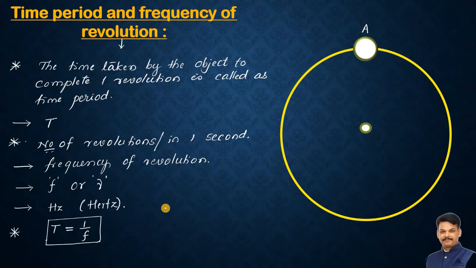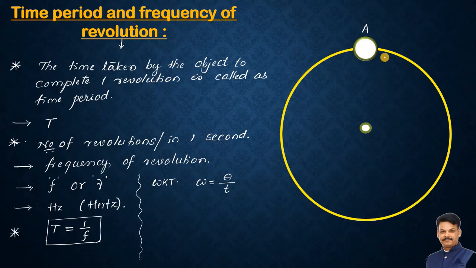Now, dear students, let us have the equation related with the angular velocity in terms of time period and frequency. We know that angular velocity omega is nothing but the angular displacement divided by the time taken for that displacement, isn't it?